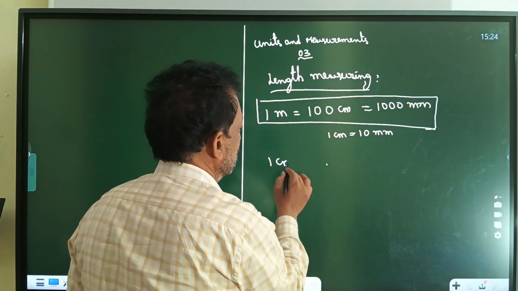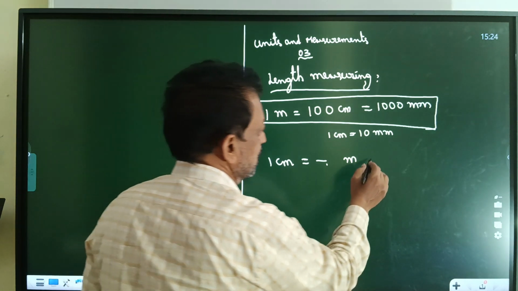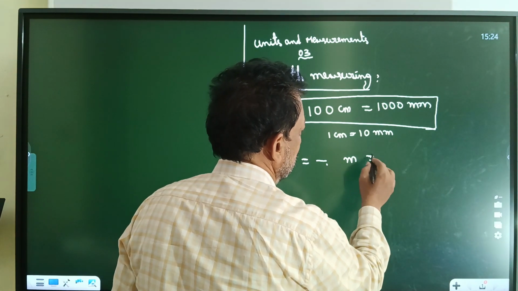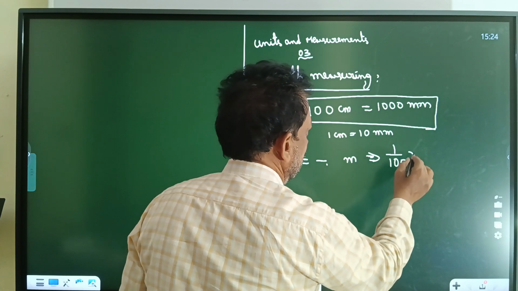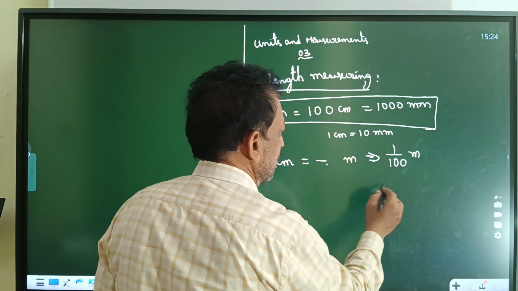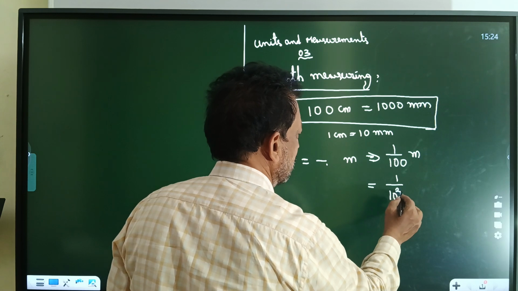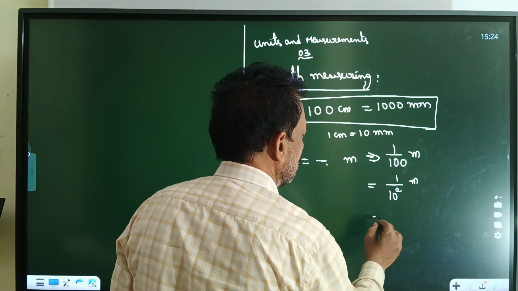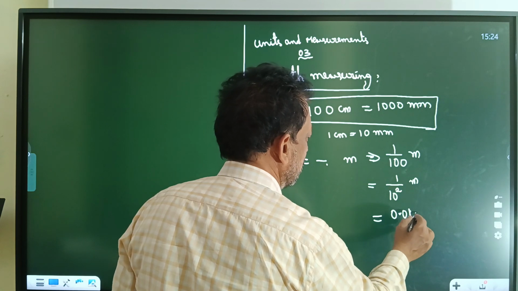1 centimeter is equal to dash meter. Now people are going to say 1 by 100 meter, or they can say 1 by 10 square meter, otherwise 0.01 meter.